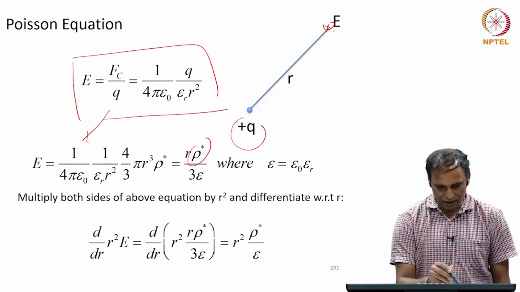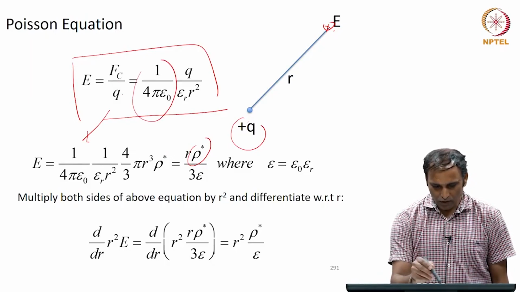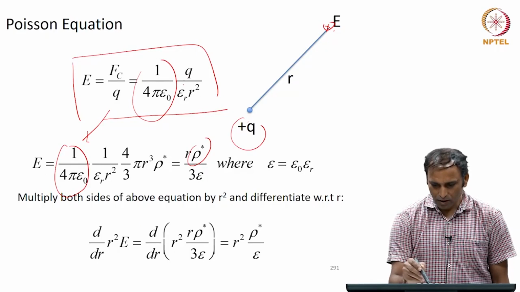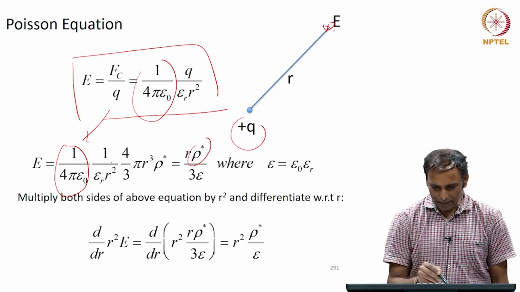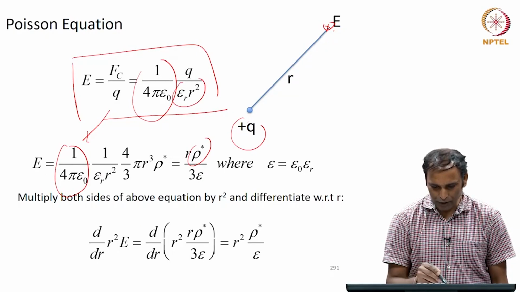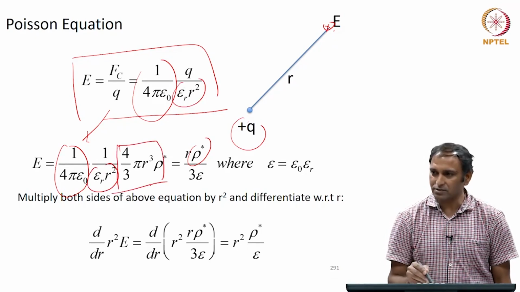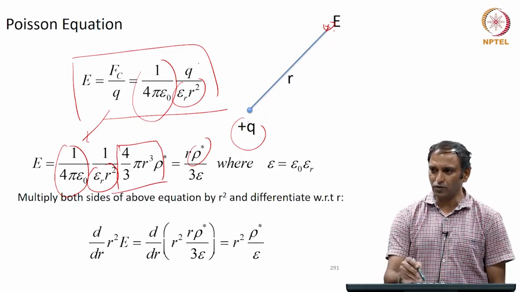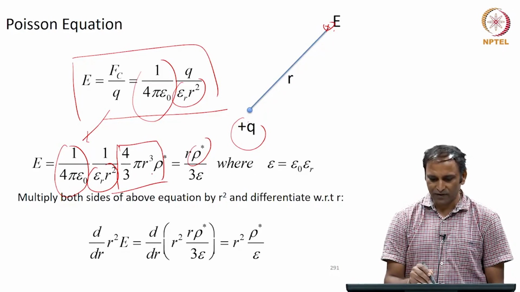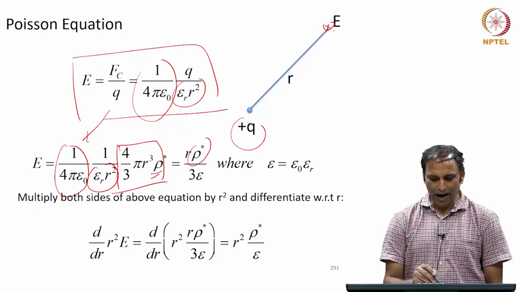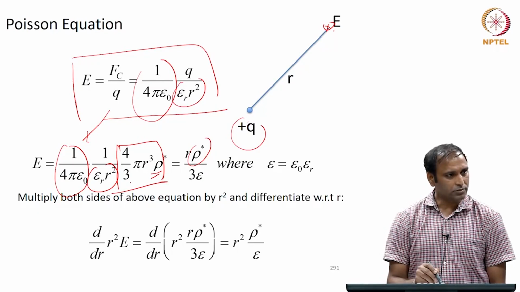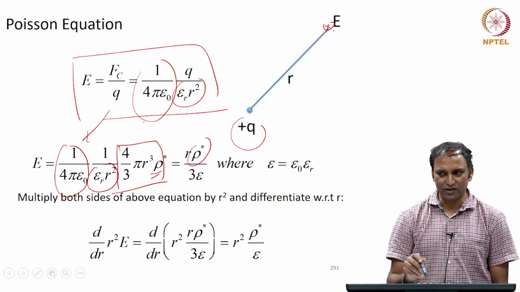I have E equal to 1 over 4 pi epsilon naught epsilon r into r square here. Instead of q, I am going to replace q with this, writing it in terms of the charge density and the volume. That just comes from the definition itself.